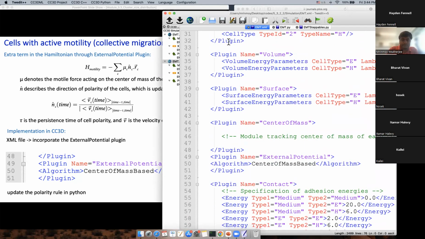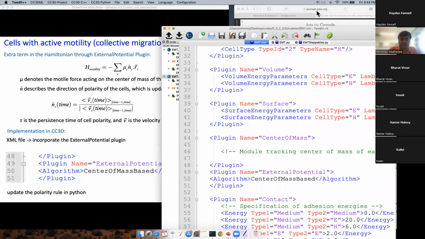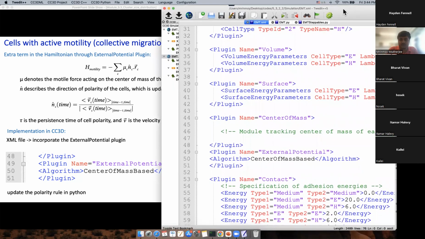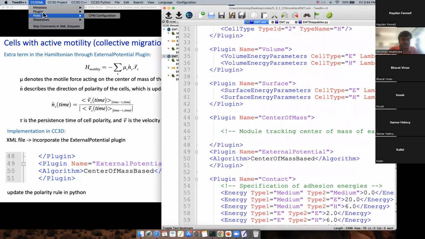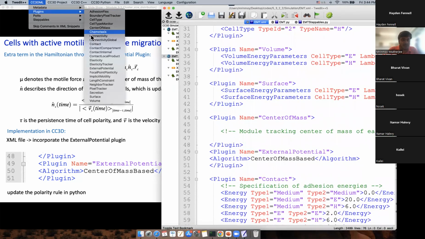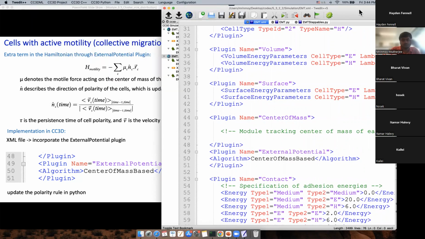You can really find it here from the CC3DML plugins, external potential. If you add it, then just delete all the other lines except these things. We will change the values in the Python file.